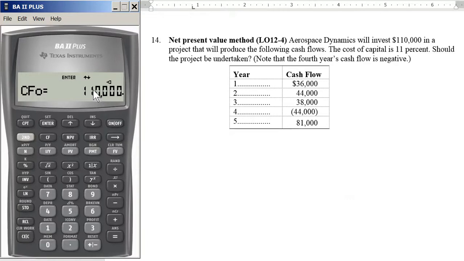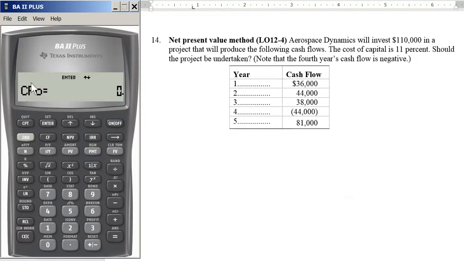Just like with the time value calculations, we always want to clear things out before we start a new problem. We do it a little bit differently with this menu. We still click second, and then we go down here and click clear work. And that will erase everything that was in these three buttons previously.